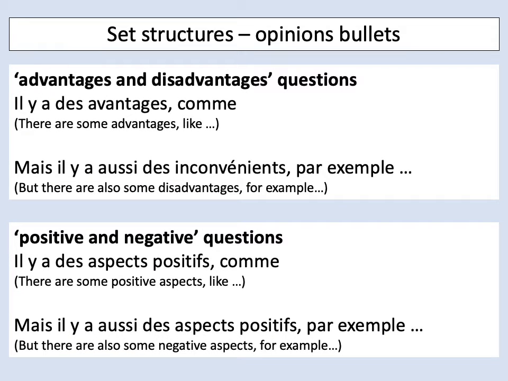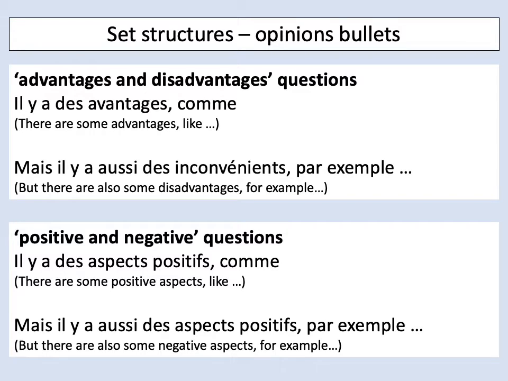Other types of opinion bullet that you get are actually a little bit easier on face value. So, and I've just noticed I've made a mistake on this, never mind. We've got advantages and disadvantages question. So that'll be what the advantages and disadvantages are. Blah, blah, blah. Start off with this, write your description, then continue with the second thing, contrasting the two.